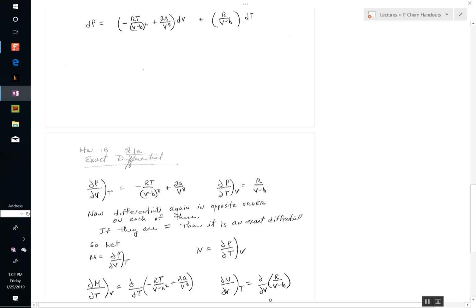1B has you doing the dT, the total differential of temperature. That one is a little bit more complicated. So just work with it as best you can. And then, where's this homework?